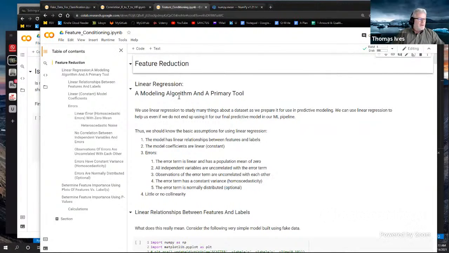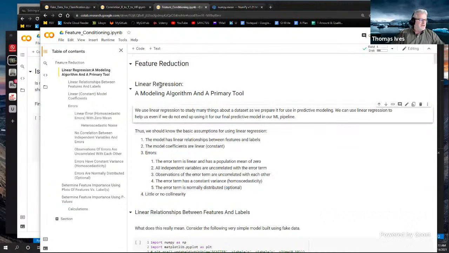Okay, now why on feature reduction would I start out with linear regression and logistic regression too? Because it's a modeling algorithm and a primary tool. We use linear regression to study many things about a data set as we prepare it for use in predictive modeling. And I want to qualify this a bit.